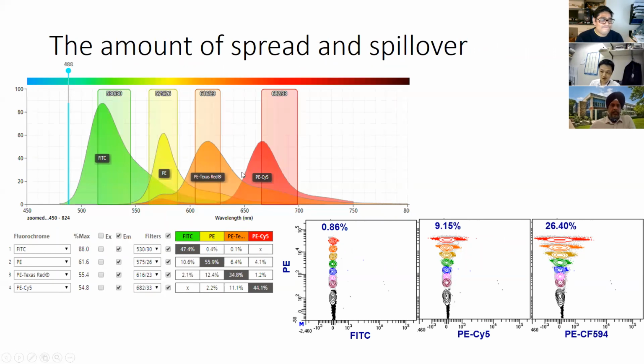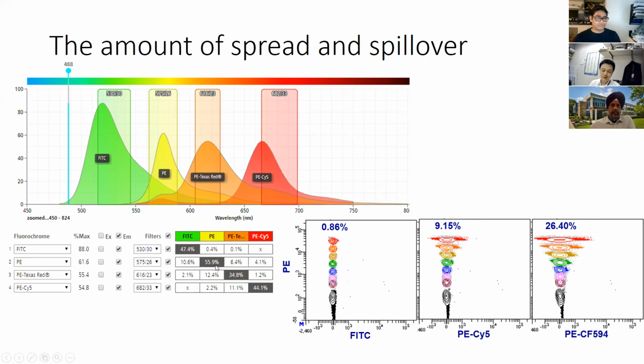That's the whole spectrum of each fluorophore. This shaded area represents the range of the bandpass filter. Those are the numbers I just explained on the previous slide.